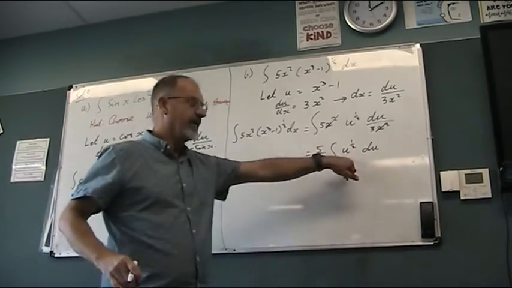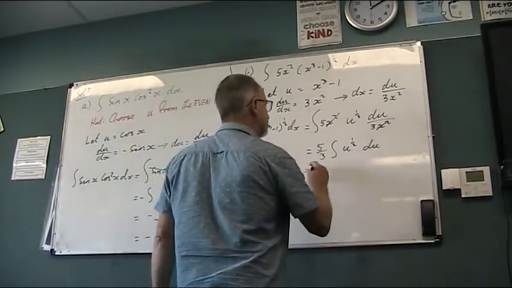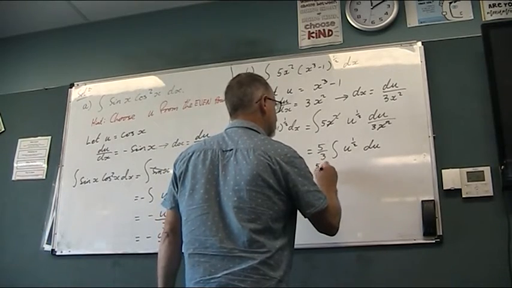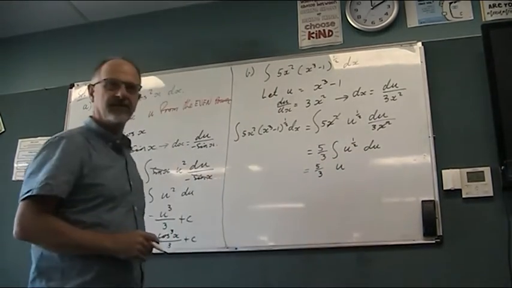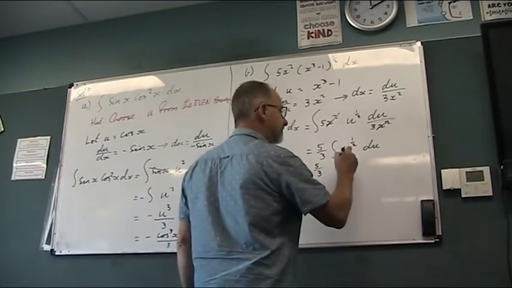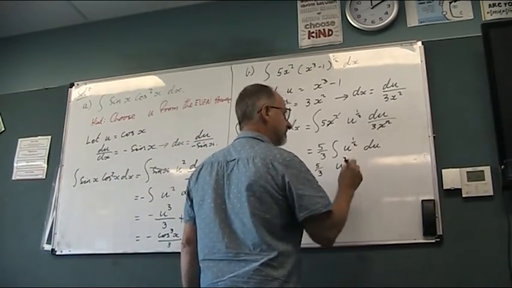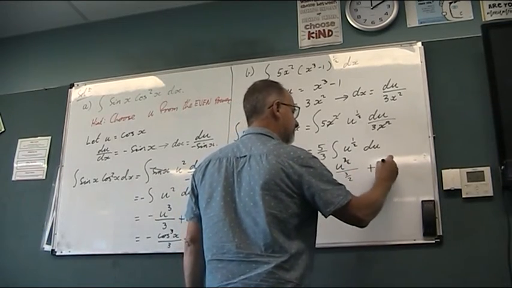So now, u to the half, that's easy to integrate, isn't it? It's just now a polynomial. So we increase the power by 1, from a half to 1.5, which is 3 over 2. Divide by our new power, which is 3 over 2, and then we've got plus some constant.